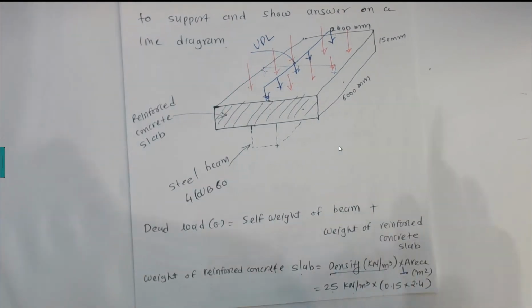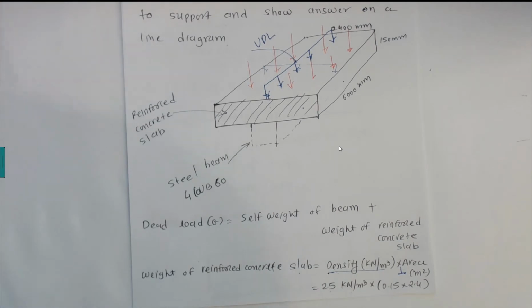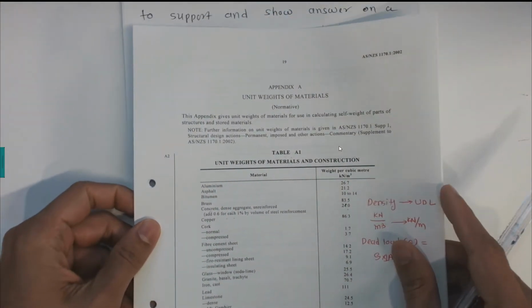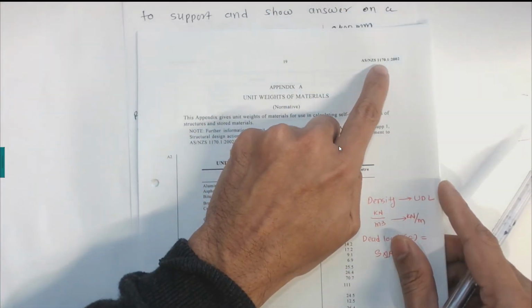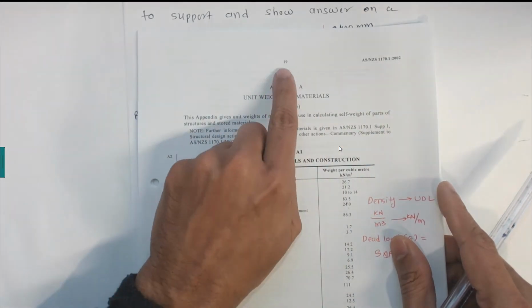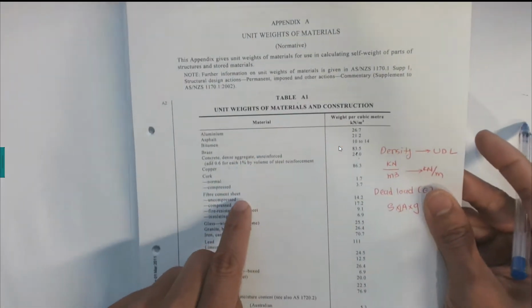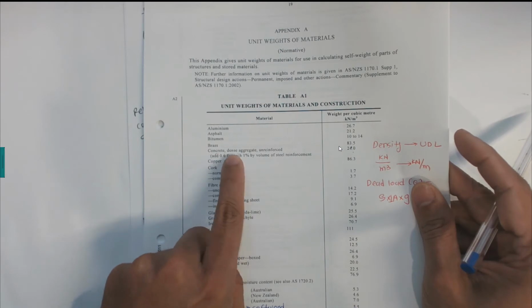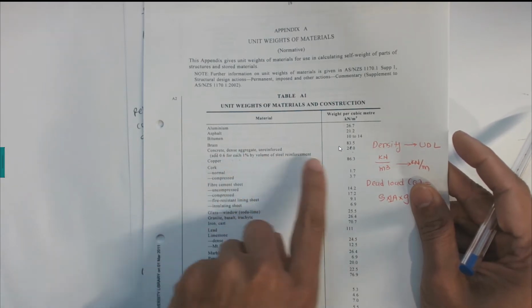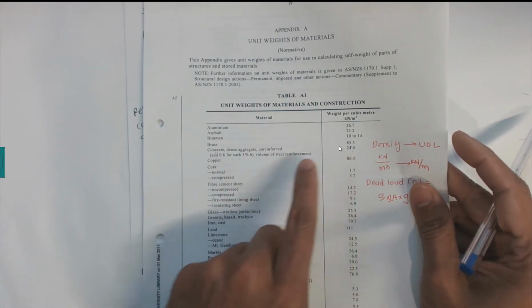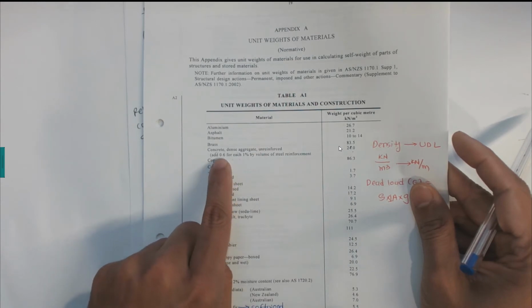If I can show you where this density is coming from, if you are checking AS/NZS 1170.1 2002 on page number 19, table A1, somewhere here, unreinforced concrete is 24 kilonewton per meter cube, but if you have reinforcement you need to add 0.6, so 24.6.